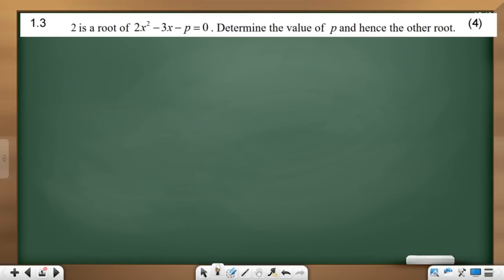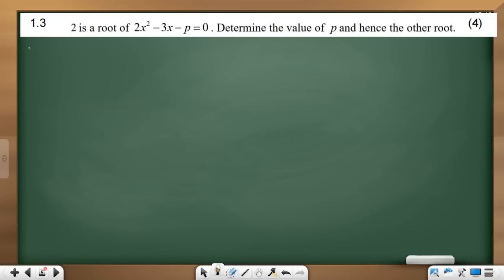Let's read that question. Okay, 2 is a root.